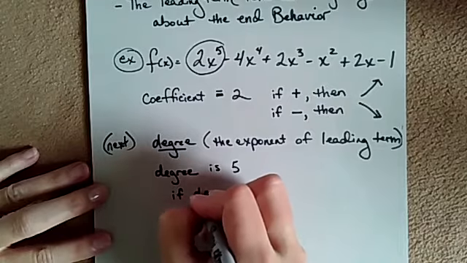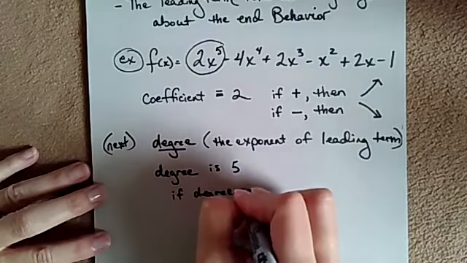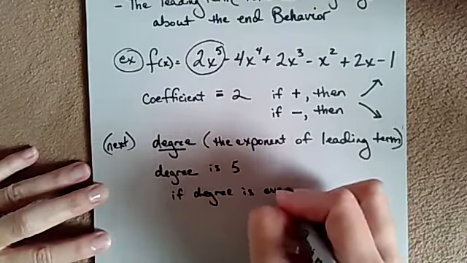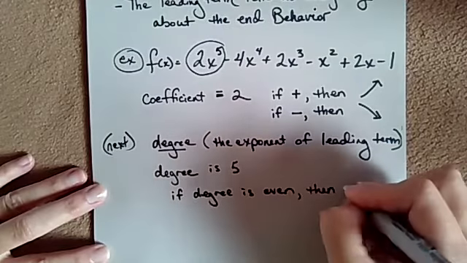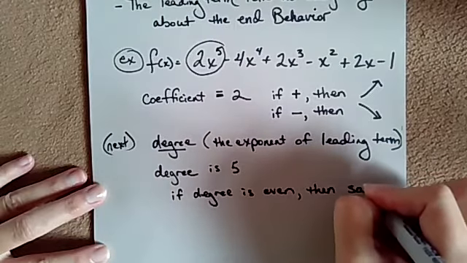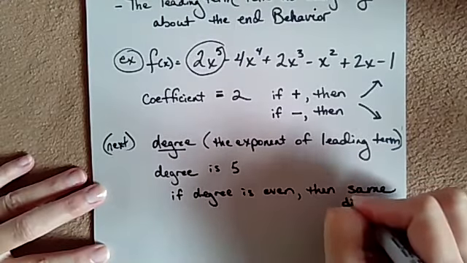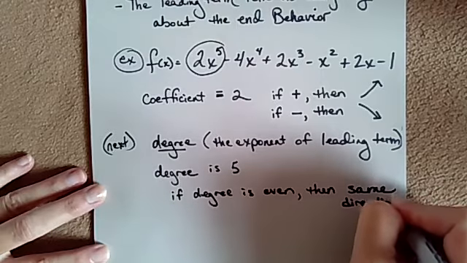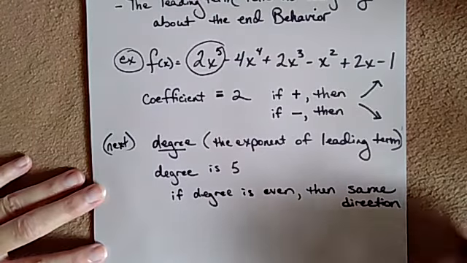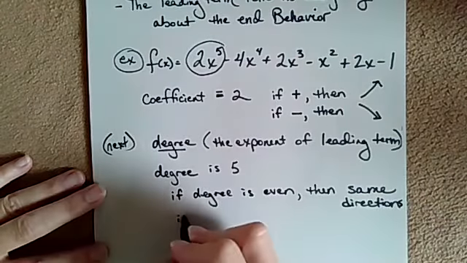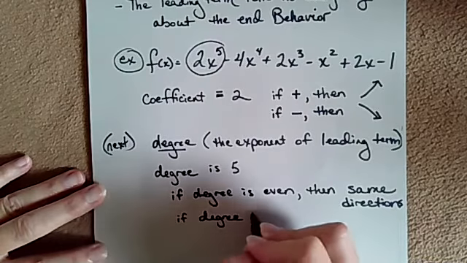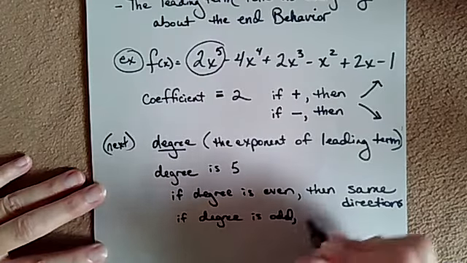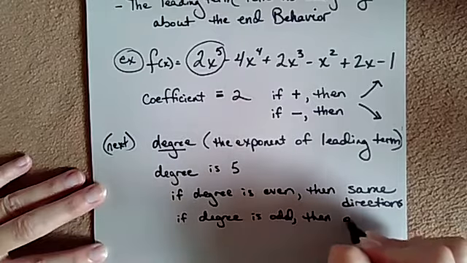Okay, now about the degree, if the degree is even, then same directions. They go in the same directions. They either go both up or both down. If degree is odd, then opposite.